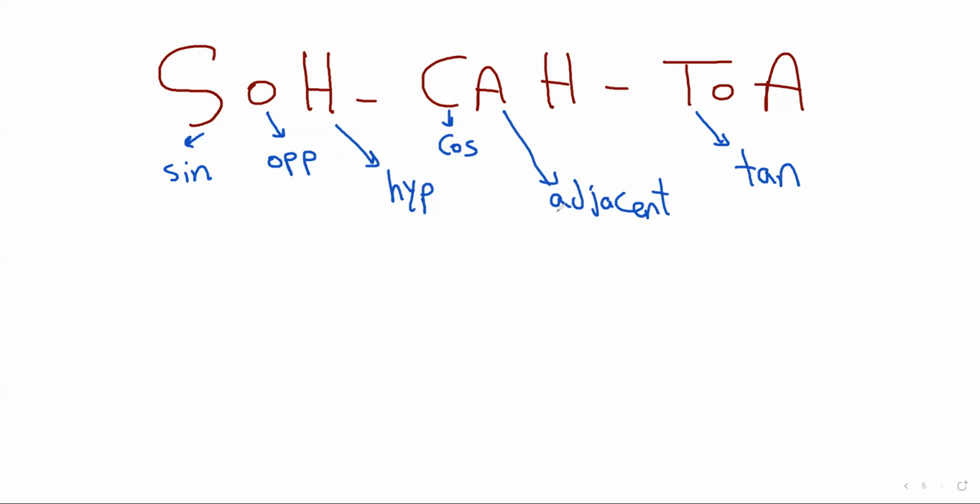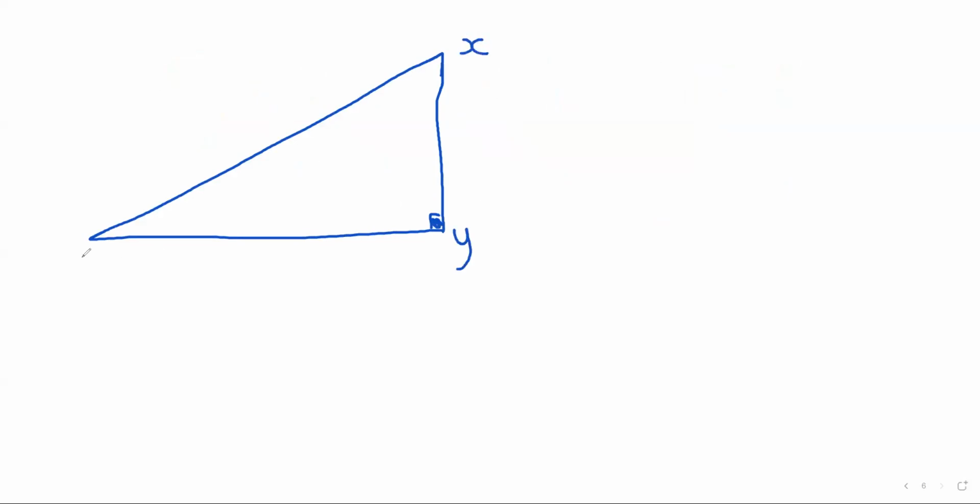Okay, so here we have a triangle like this one. One side is 3 centimeters, this side 4 centimeters, and this side is 5 centimeters. What is tan X?